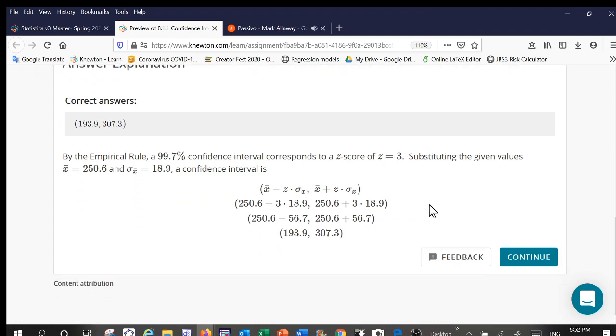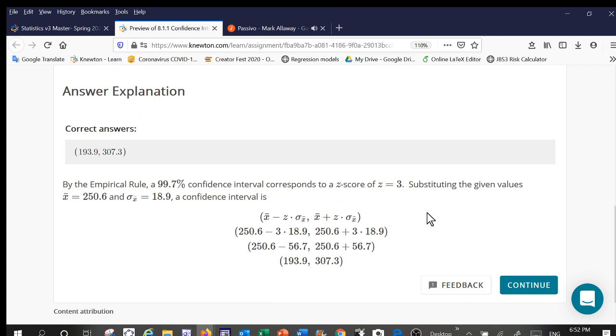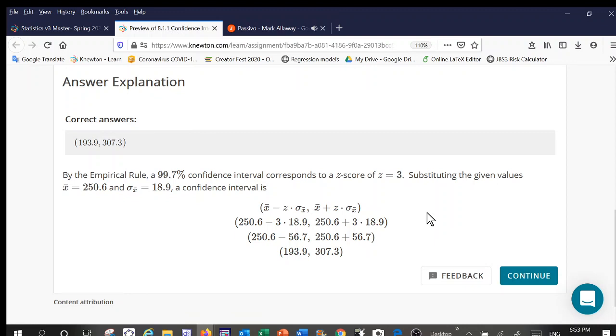So here we are using the empirical rule, and 99.7% according to the empirical rule is 3 standard deviations. So remember, 95% is within 2 standard deviations, 68% is within 1 standard deviation, and 99.7% is within 3 standard deviations.